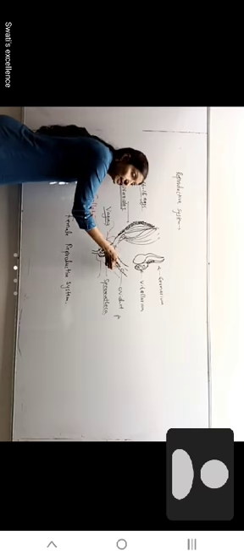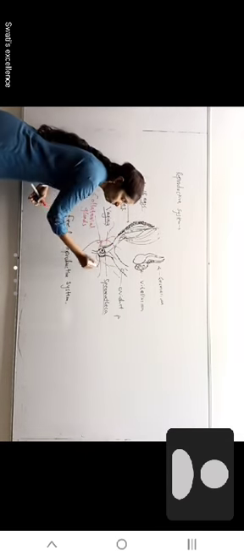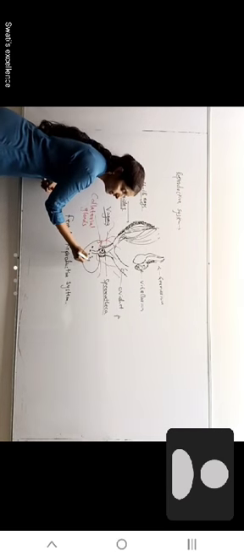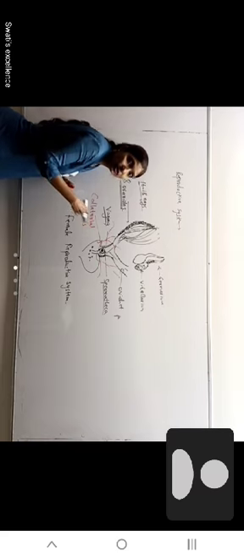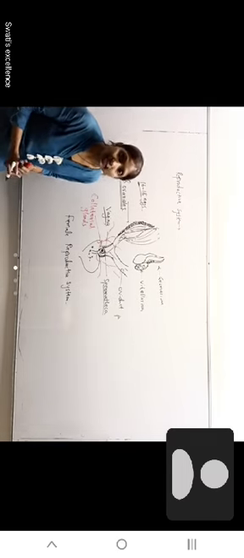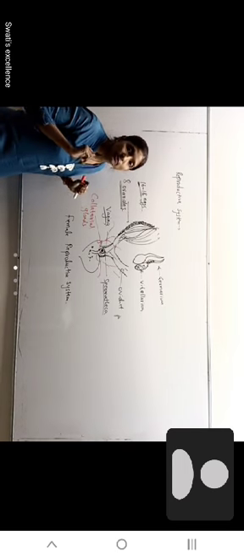When her eggs get matured and are released into the brood pouch, that is the genital chamber, as soon as the eggs come here, the spermatophore will rupture and release the sperms to fertilize these 16 to 18 eggs. As soon as the eggs are fertilized, as I said, 16 to 18 eggs are arranged in 2 rows.